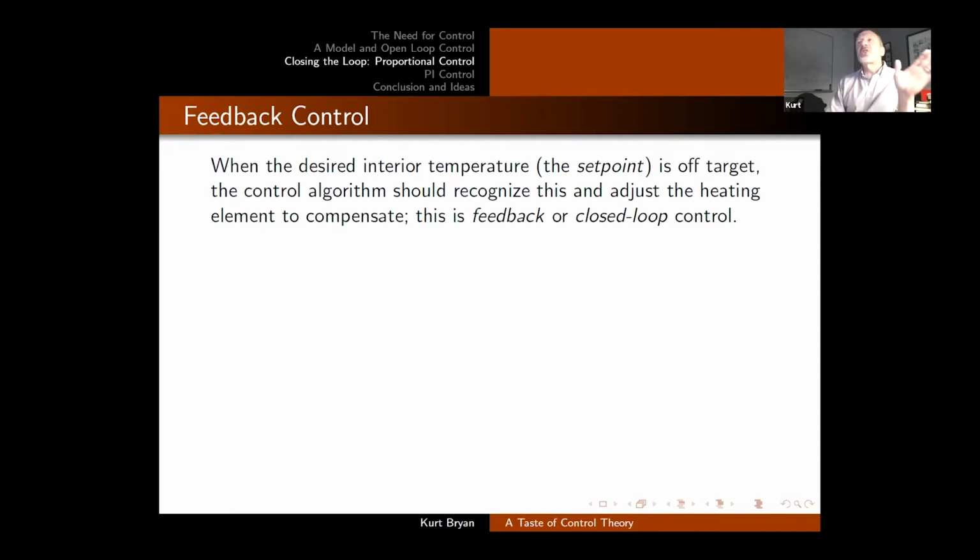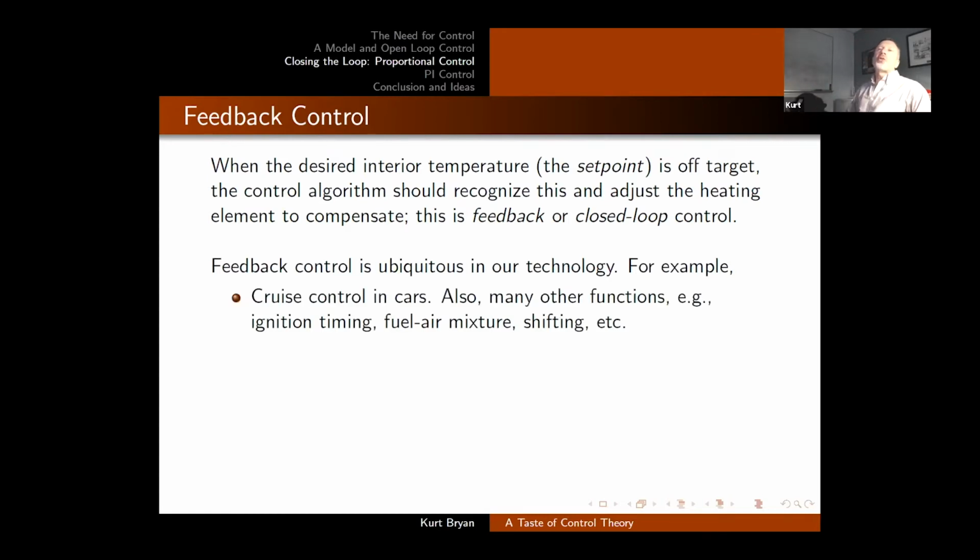Now, this kind of control is absolutely ubiquitous in our technology. In a car, think about the cruise control in your car. You set it at 60 miles an hour, and your car ideally stays at 60 miles an hour, regardless of whether you're going uphill or downhill. The control will recognize that the speed is off and increase or decrease engine power. Also, there are control algorithms galore in how the engine operates, in how the transmission operates.